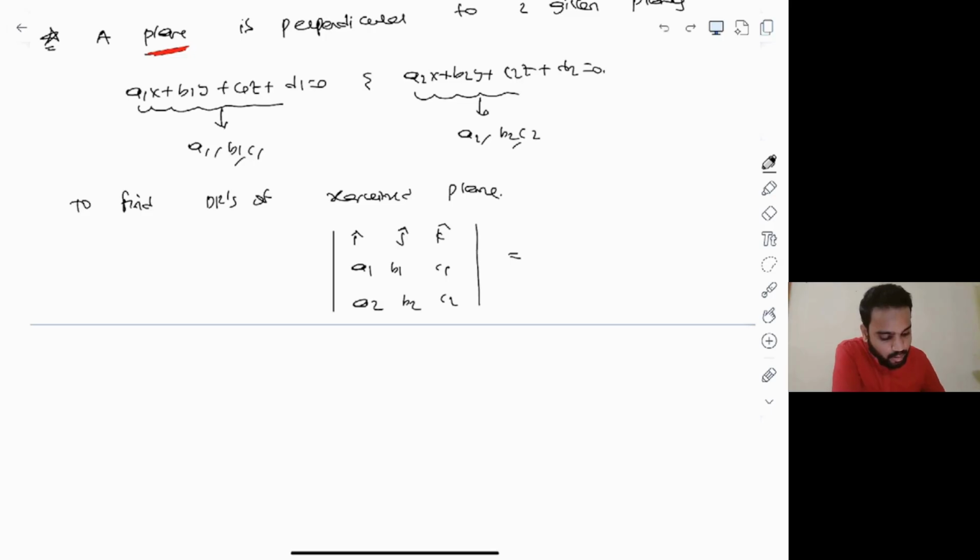I cap, j cap, k cap. So it will be i cap into something plus j cap into something plus k cap into something after solving it. Now, whatever the coefficients of i, j, k that you're going to get after solving this determinant, those coefficients of i, j, k are nothing but the normal drs of the required plane.